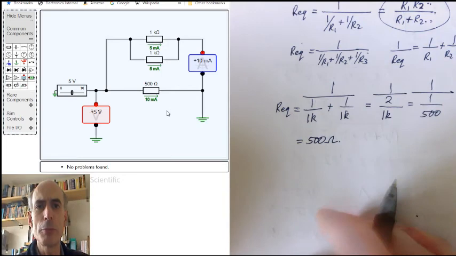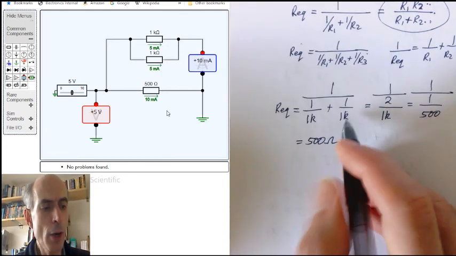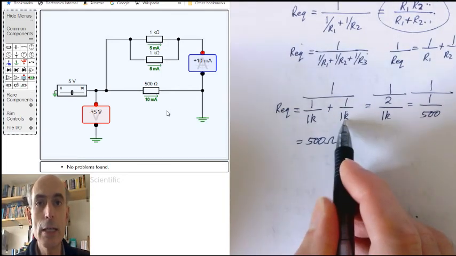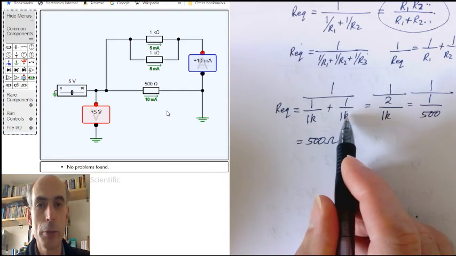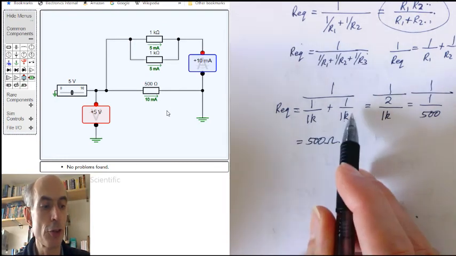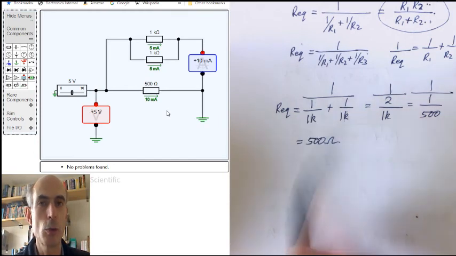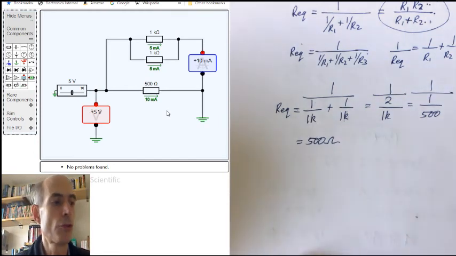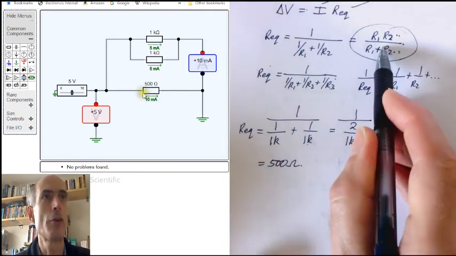It's worth noting some special cases here. If you do have two resistors that are equal, and you put them in parallel, then the result is half of the resistance of either of the individual ones. We could use this formula up here to prove that as well.